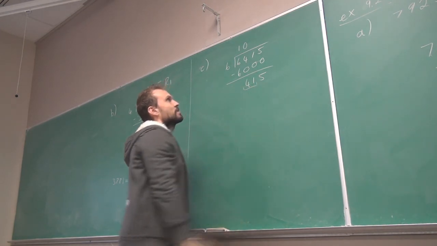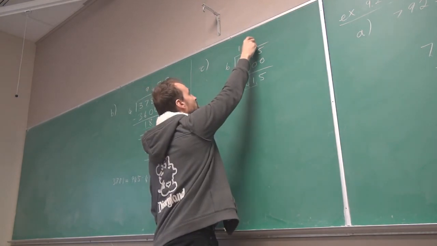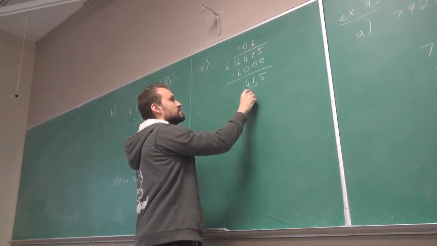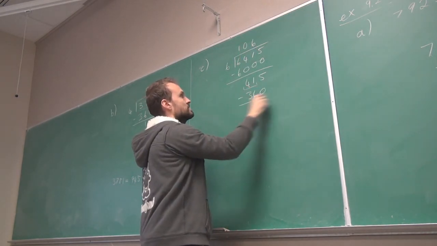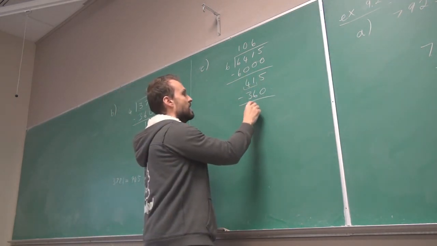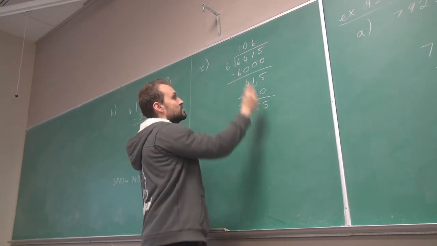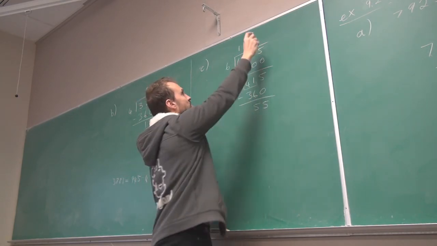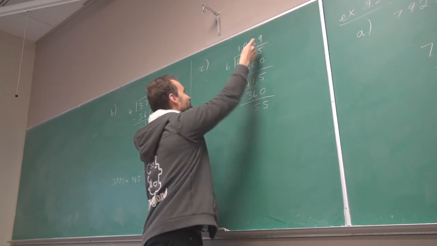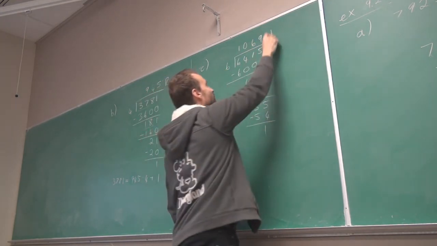Then I can look at 41. 6 goes into 41. 6 times 6 is 36, which is really 360 because I'm in the tens. Take that away, I have 5 and a 5. Then 6 goes into 55. Every time 1's left over, that's just coincidence. It's not always going to be a 1.